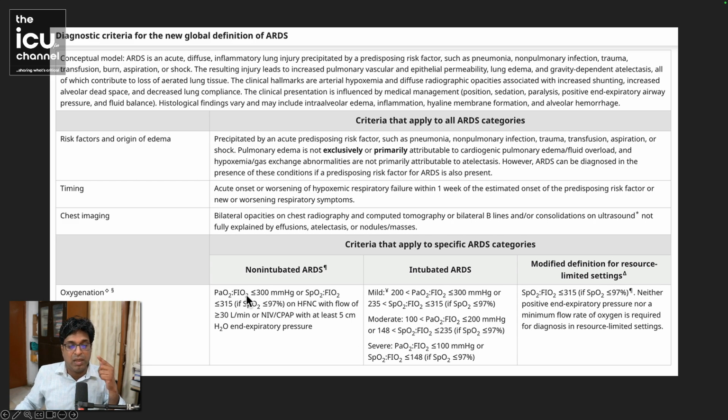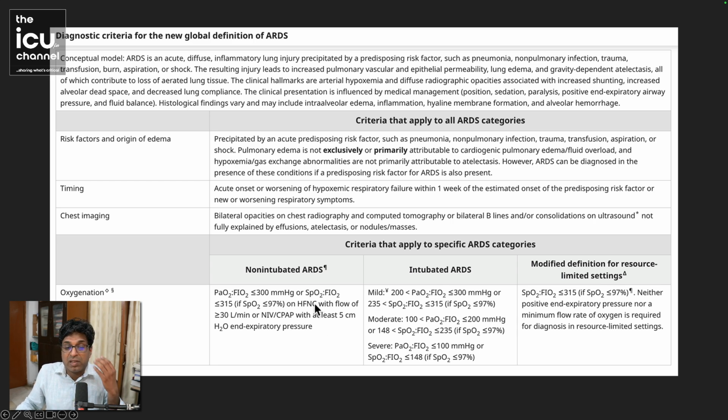You see here the PaO2/FiO2 ratio is less than 300, but SpO2/FiO2 is 315, because the oxygen dissociation curve is there for PaO2 and SpO2, that's why it's not correlating at 300. So the first thing is SpO2/FiO2 ratio less than 315 or PaO2/FiO2 less than 300 if the patient is on NIV or CPAP with at least 5 centimeter of EPAP or PEEP.